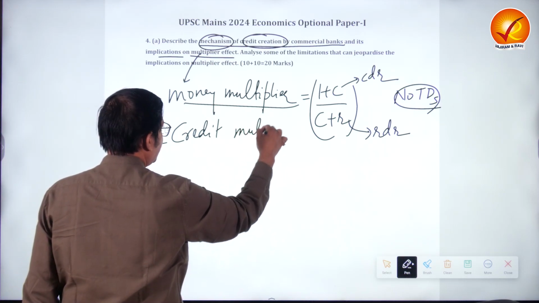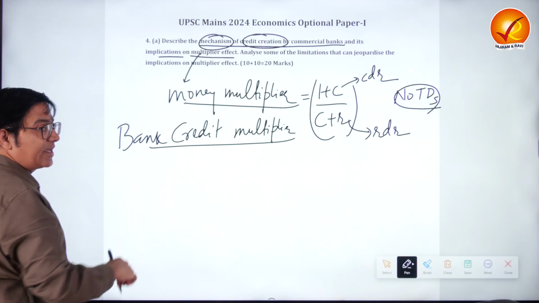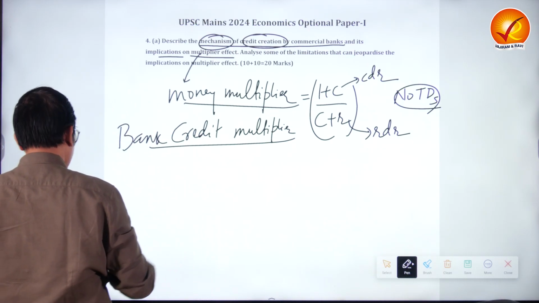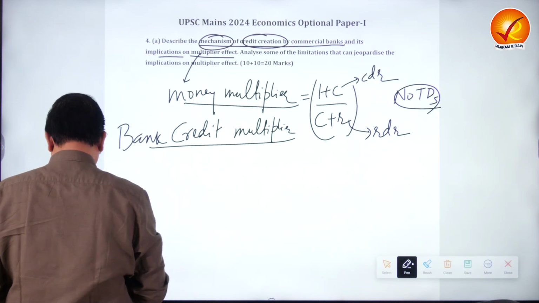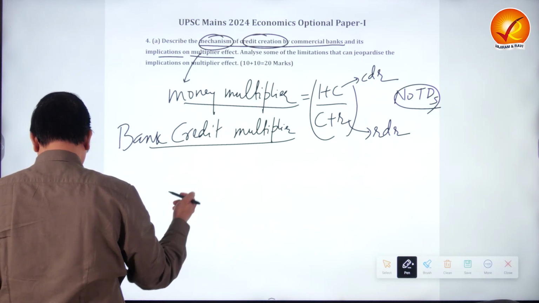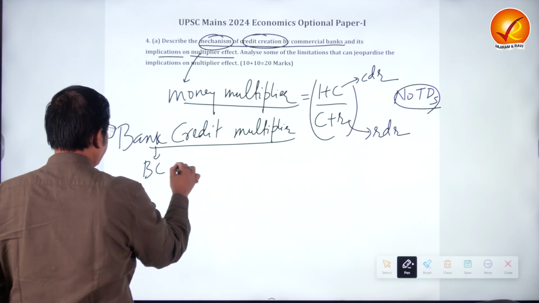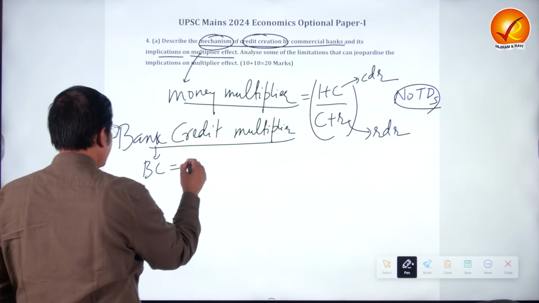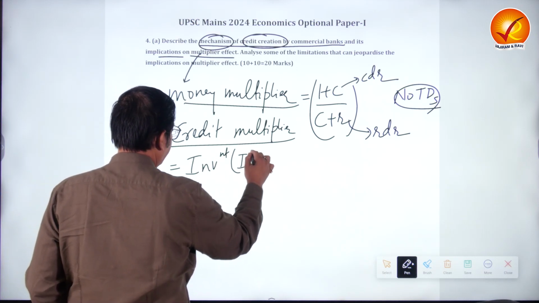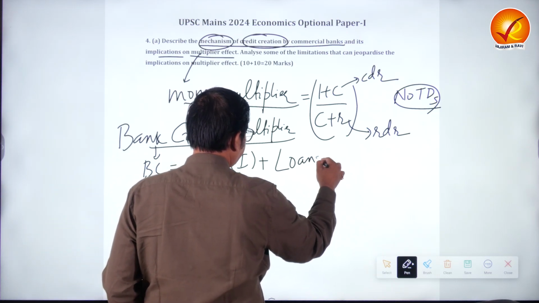Remember, there are many multipliers: deposit multiplier, money multiplier, bank credit multiplier, etc. They are not telling you formally, but you can do so. So in bank credit multiplier, in order to derive that, you can take bank credit, call it BC, as equal to investments of the banks, call it I, plus the loans and advances.